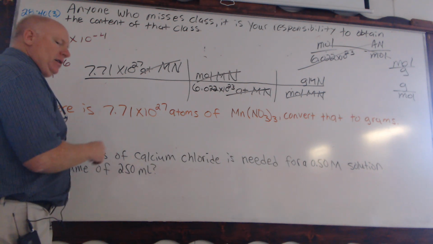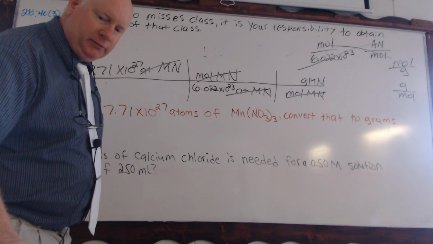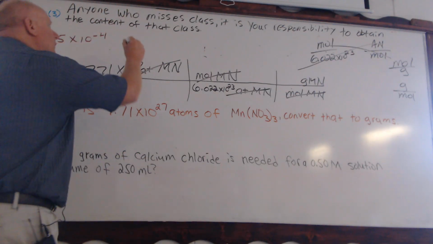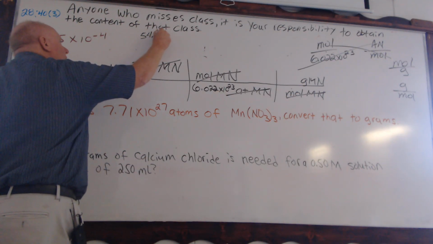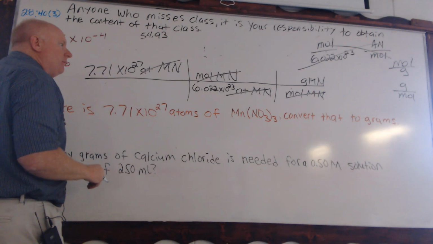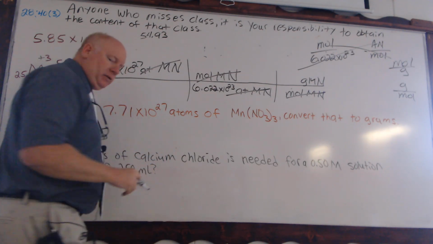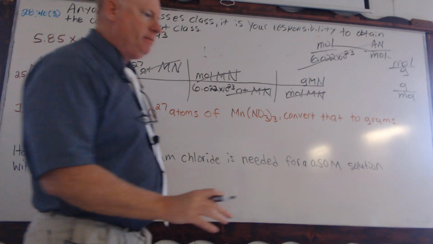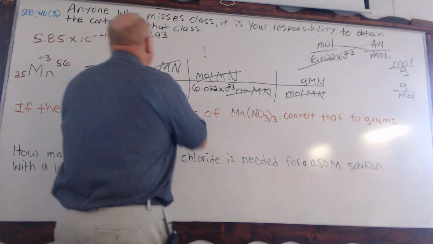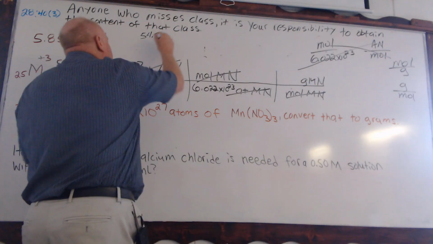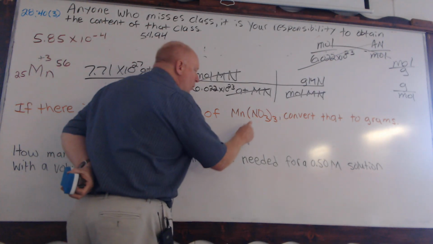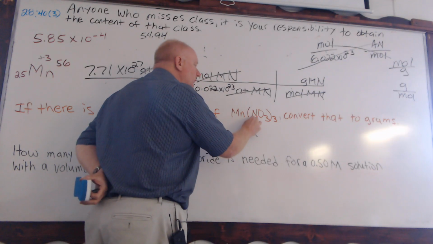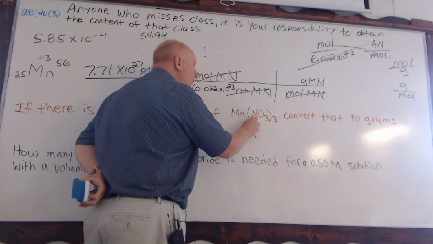So manganese is 54.94. Okay? So one nitrogen has a weight of what? 14.